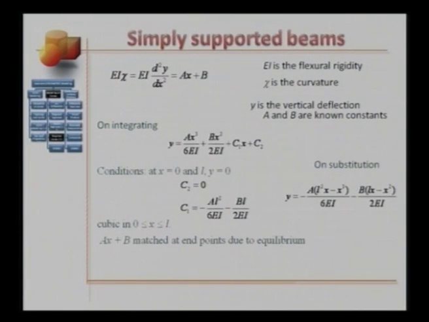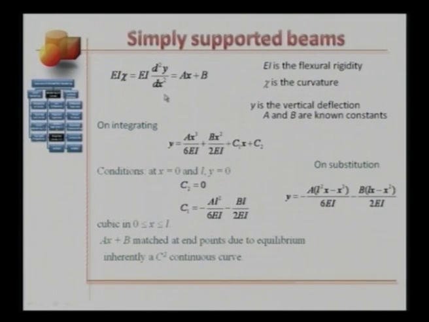One should note that a x plus b, which would represent the moment conditions at any cross section, is matched at endpoints due to equilibrium. If we observe this relation closely, this seems to be inherently a C2 continuous curve, because you would be able to differentiate this at least twice.